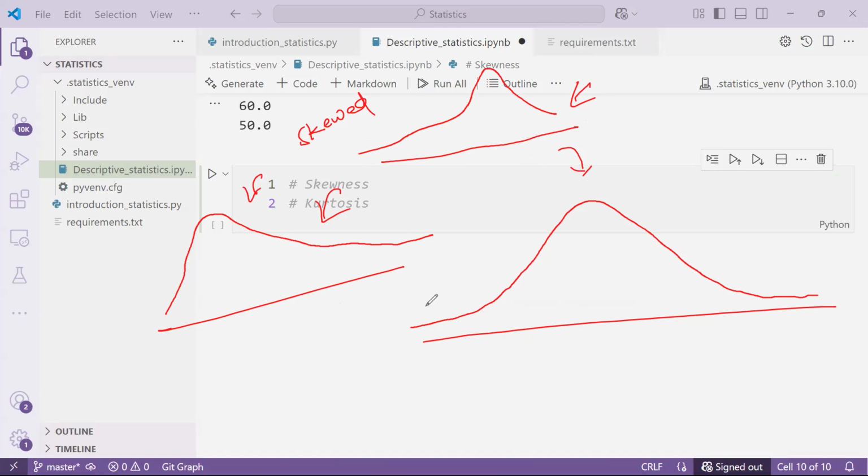So if the tail is towards the right side, it is a positive skew, and if the tail is towards the left side, it is a negative skew. So that is exactly skewness. With the help of skewness, we can find out whether the data is distributed normally or not. Clear?